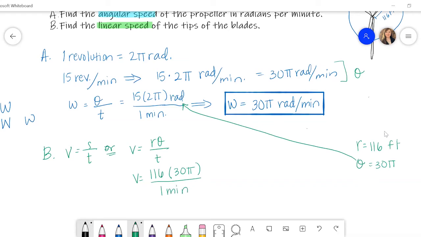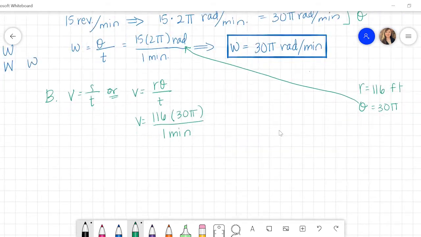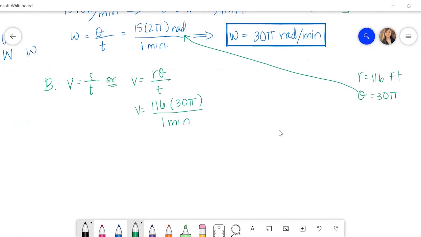If you throw that on a calculator, I'm going to do it initially where pi is just part of it. So 116 times 30 is 3,480 pi feet per minute.